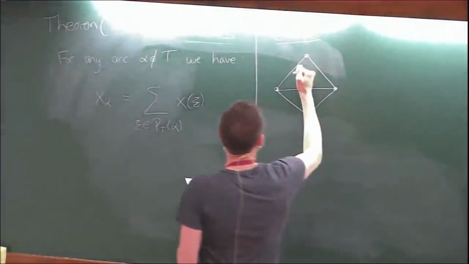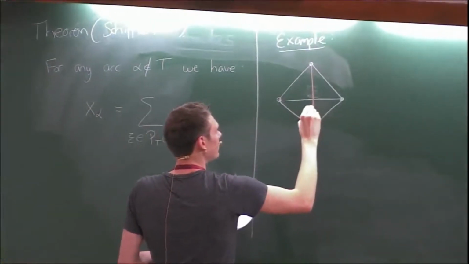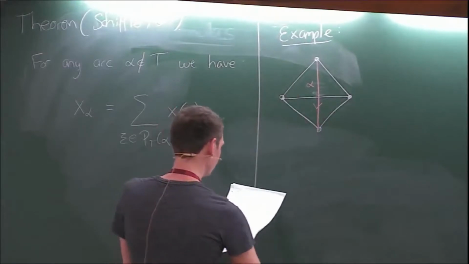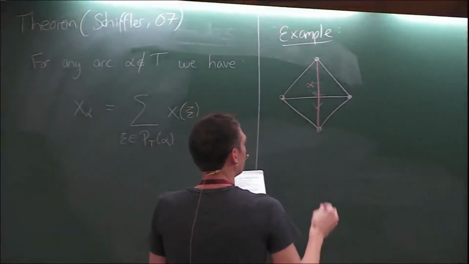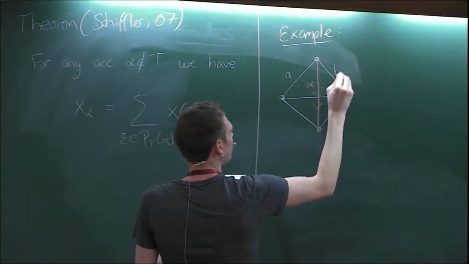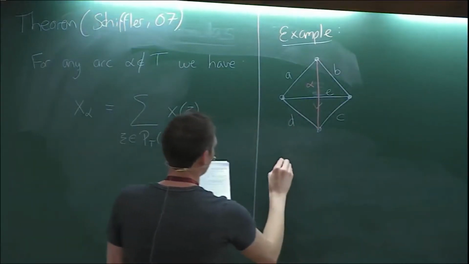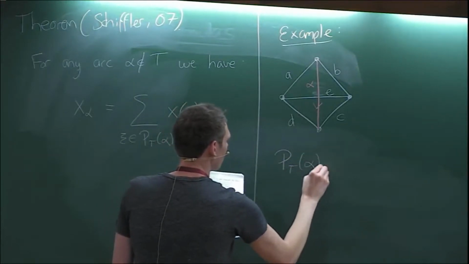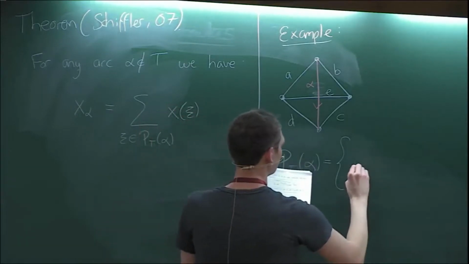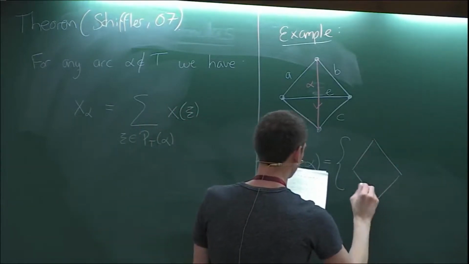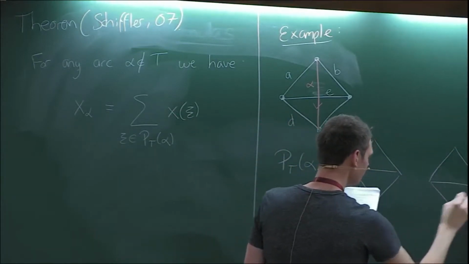So this is the triangulation. We'll fix an oriented arc alpha, and we'll label these arcs from A to E. We can look at this set of t-paths of alpha, which is easy to see, there are just two of them.